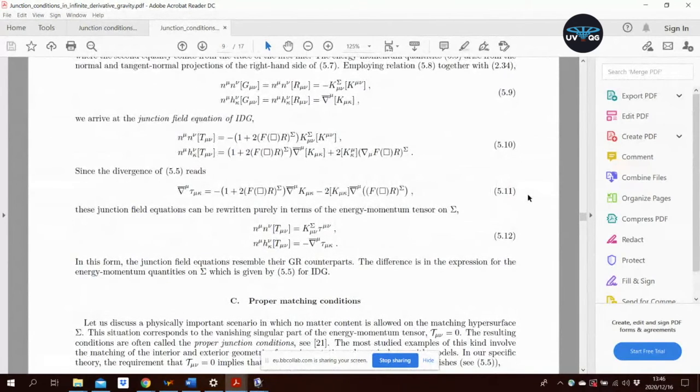Because this kind of infinite derivative operator can regularize or deregularize situations. For example, if you have a delta source, at least in the linear regime, this can be regularized with the infinite derivatives. Now you don't have a delta, but this delta is smeared out by this F(box) operator.